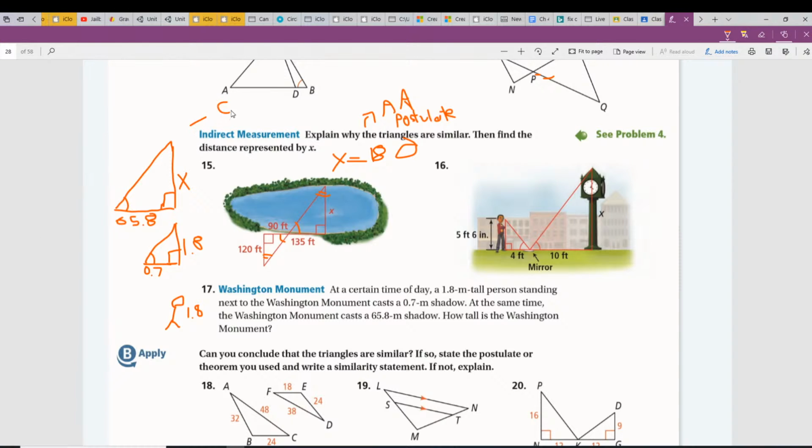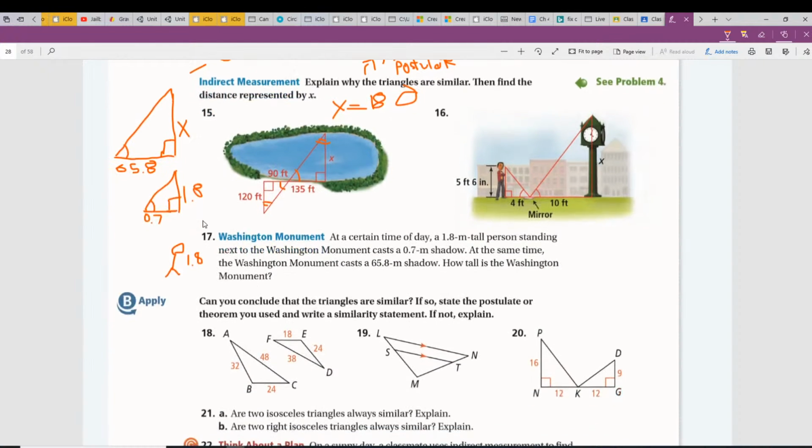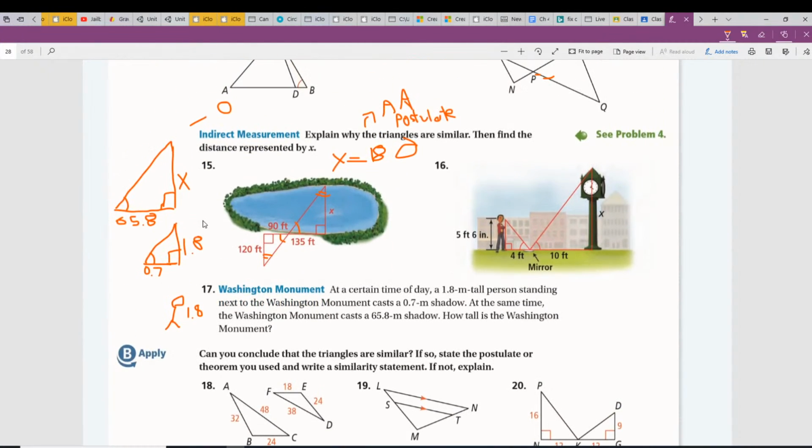So the sun is somewhere here. I think I'm saying a little bit too complex and in more detail, but that's basically how this triangle formed. It's just formed by the sun rays because we have shadows here. But let's get into the math.